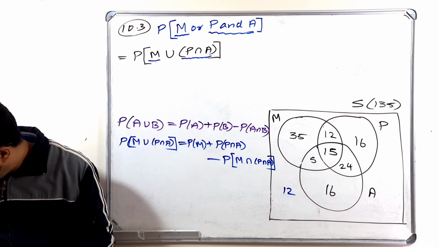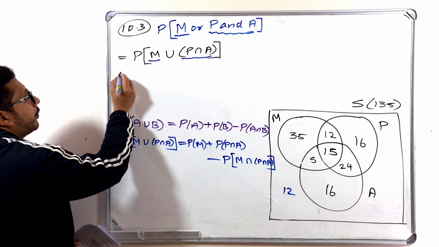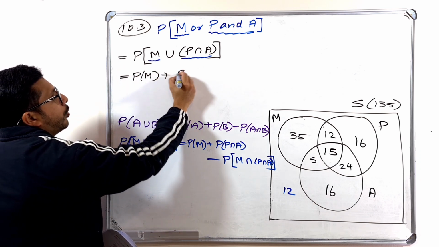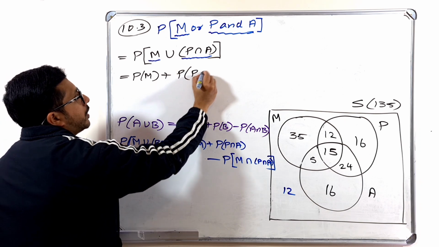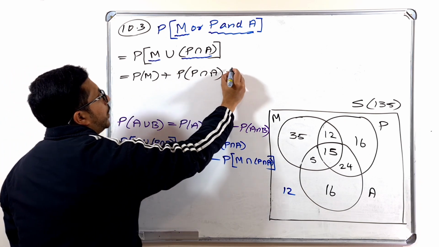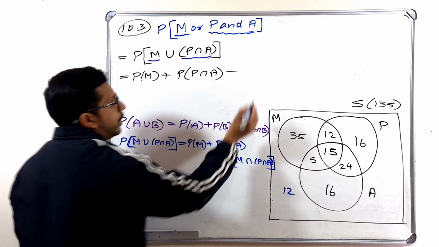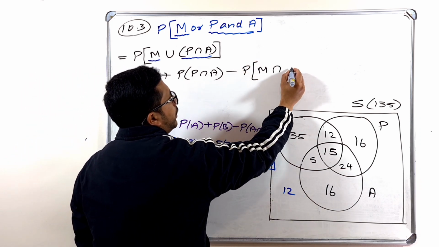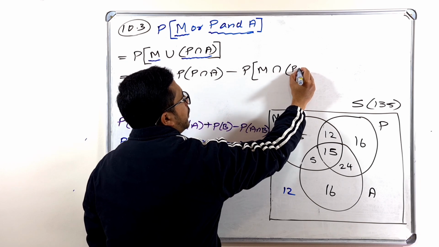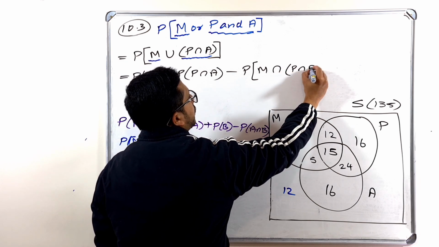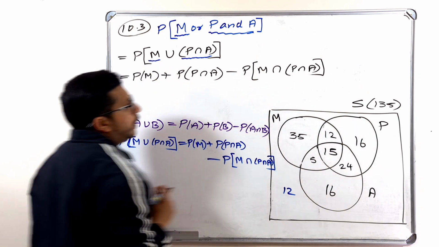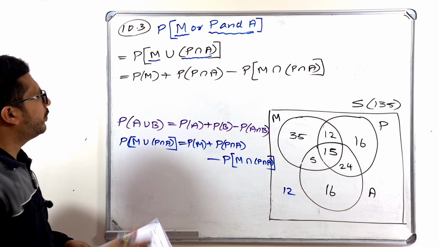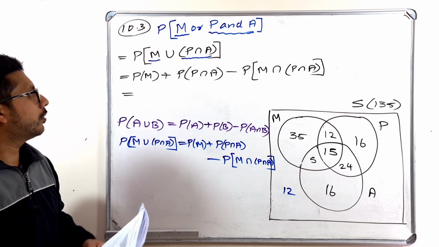Here how can we write this one? Probability of M plus probability of P intersection A minus probability of M intersection P intersection A. Now we have to find each one of that one. It's not a big thing, you just want to understand, that's all.